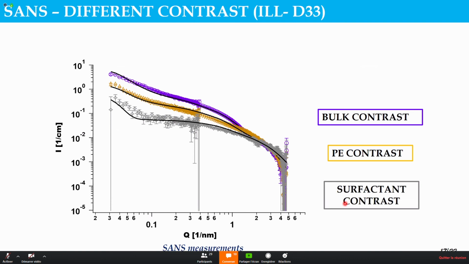No, wait, I did the simulations. So I simulated all the systems for 100 nanoseconds. But of course, at the beginning there's the equilibration, so when I do the analysis, I'm just using the last 50 nanoseconds. In this case, I have a box of 6 by 6 by 10.